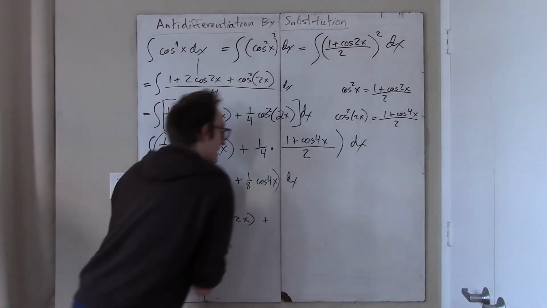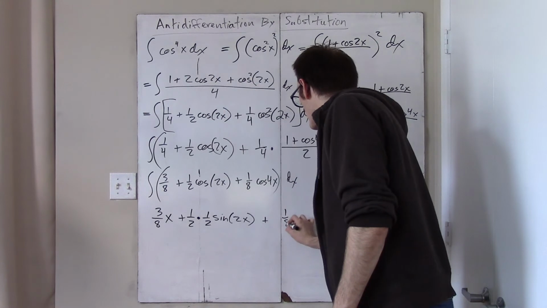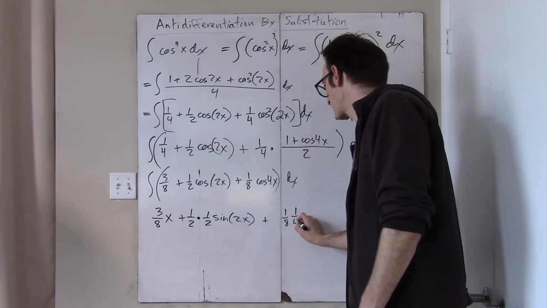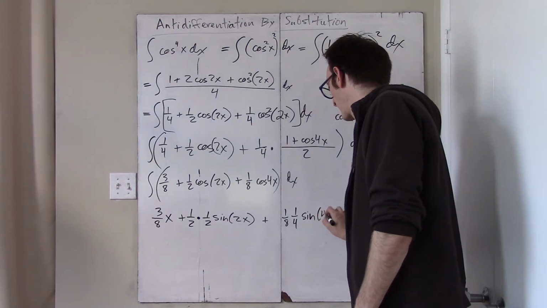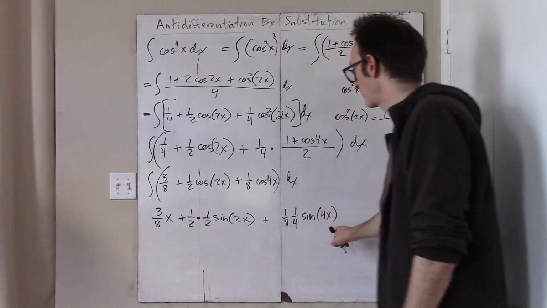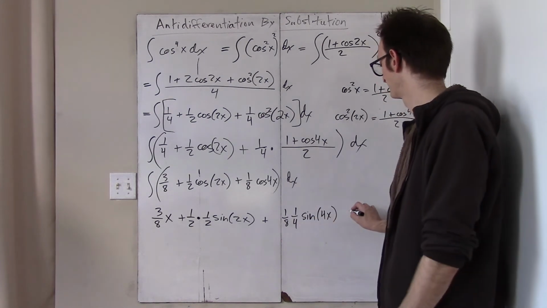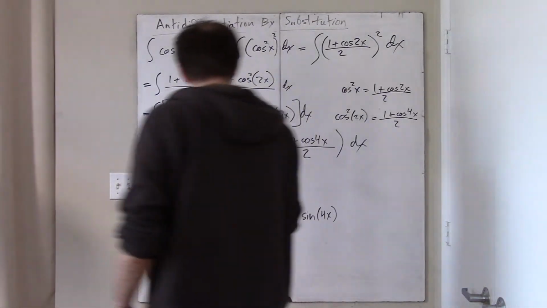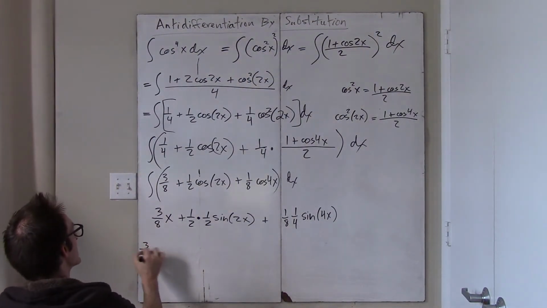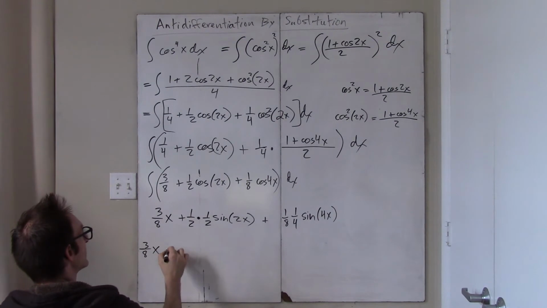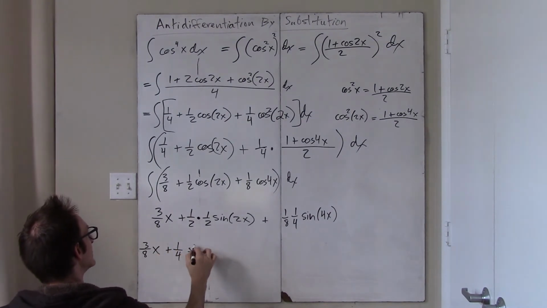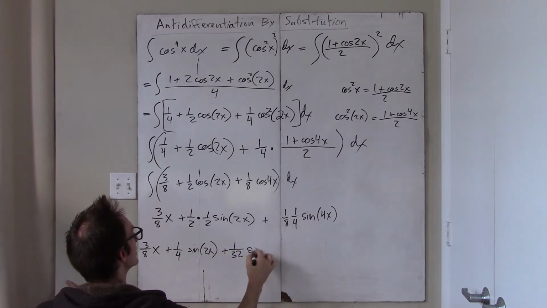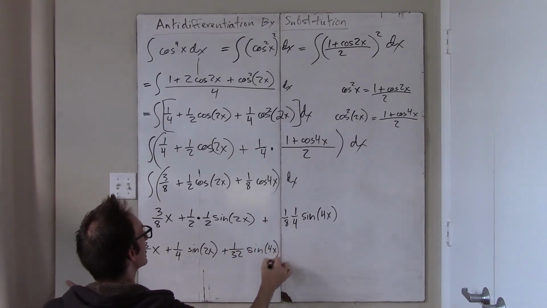And then here I get 1/8, and the antiderivative of cosine 4x is 1/4 sine 4x, because the derivative of sine 4x is cosine 4x back, with the inside 4 killing that. Oh no, I did the problem. Believe it or not, the final answer is 3/8 x plus 1/4 sine 2x plus 1 over 32 sine 4x plus C.